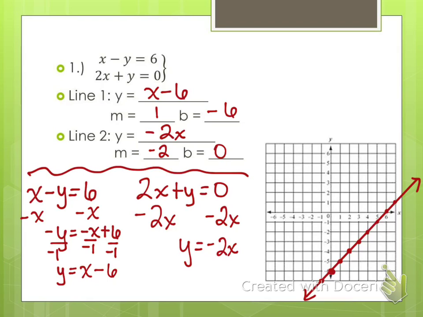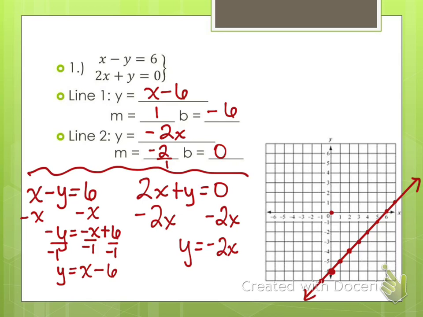Wonderful. Our slope is negative 2. Our y-intercept is 0. So I said it might help some people to put the plus 0 there, but you don't have to. All right, if our y-intercept, or b, is 0, we are going to be starting that line at the origin. Our slope is negative 2. If you want to put your negative 2 over 1, you can.